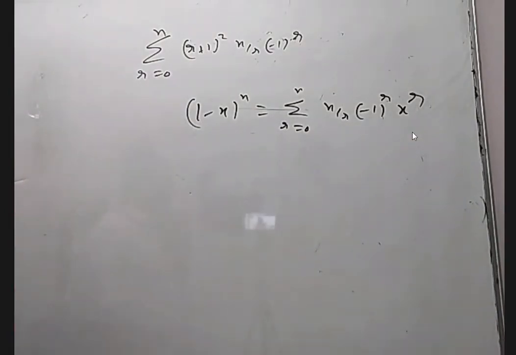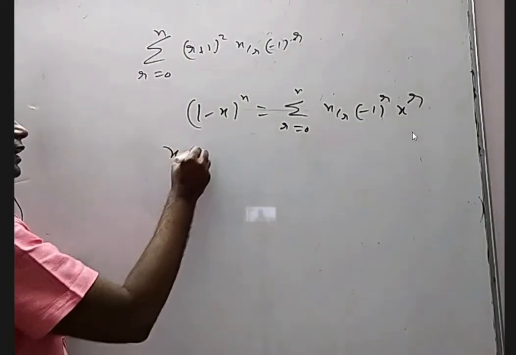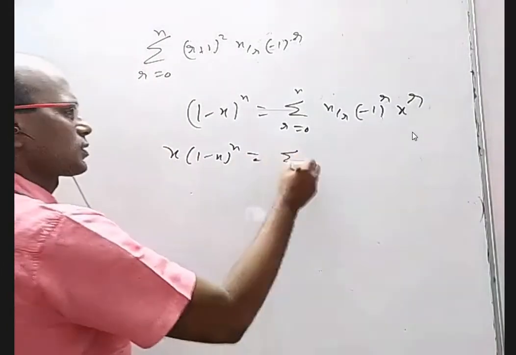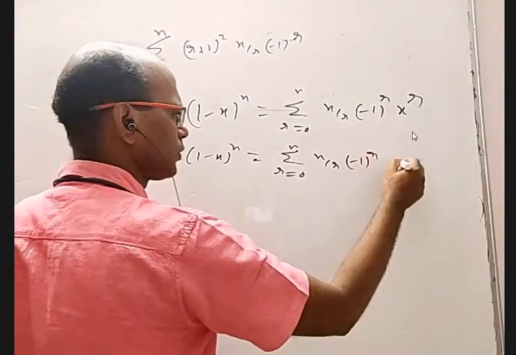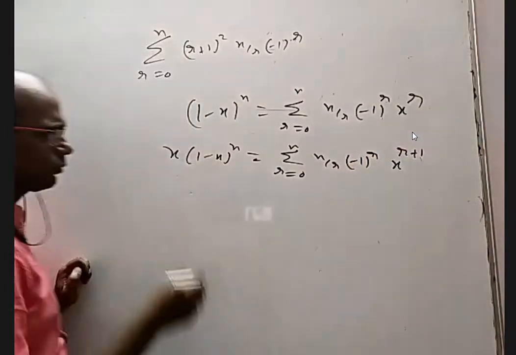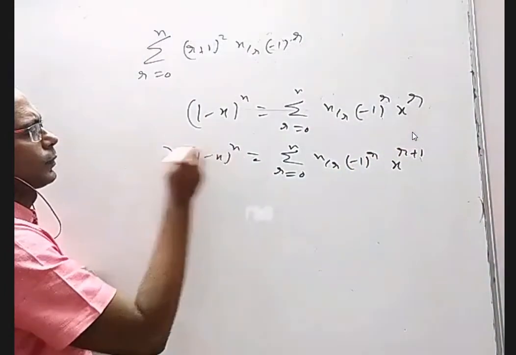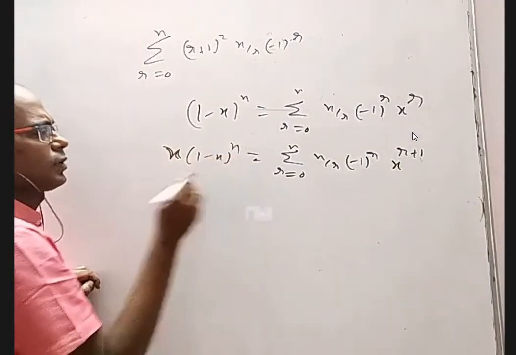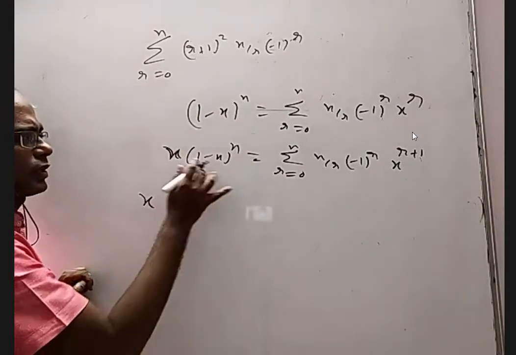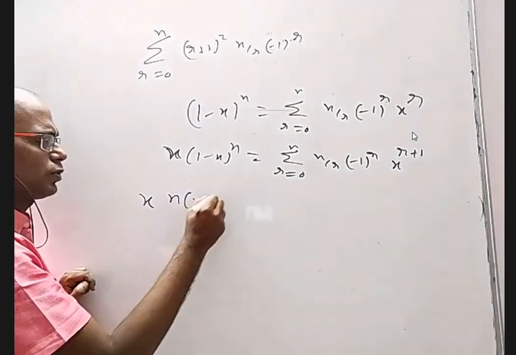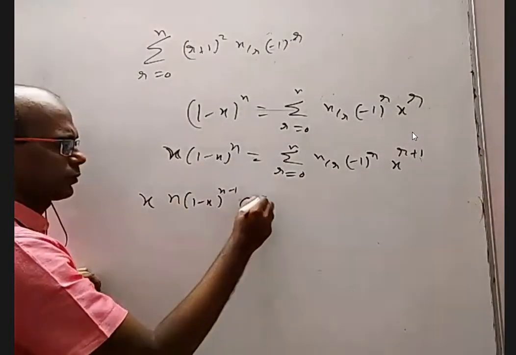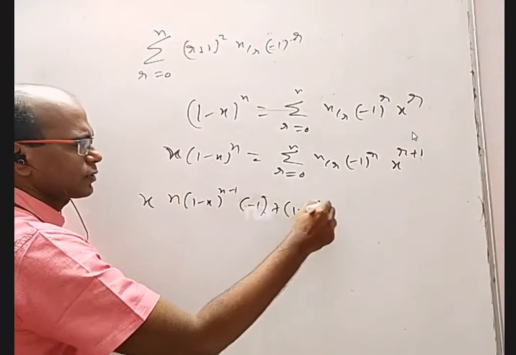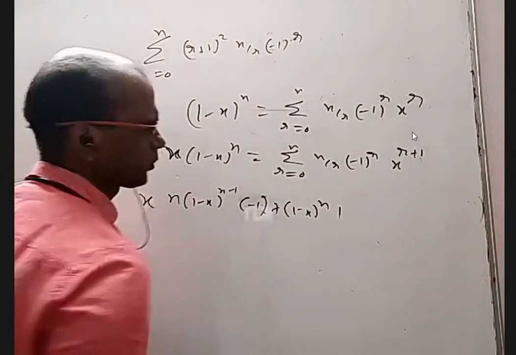Am I correct? So multiply with x, and you will get the sum over r from 0 to n of nCr (-1)^r x^(r+1), which equals x(1-x)^n. Now if I differentiate, what is the derivative of this? It is n(1-x)^(n-1) times the derivative of the inner part, which is -1, times x, plus (1-x)^n times the derivative of x, which is 1.